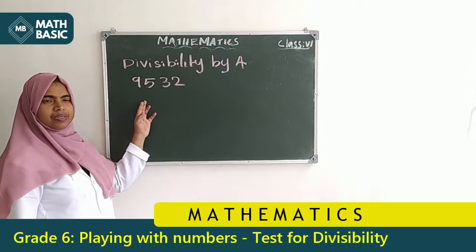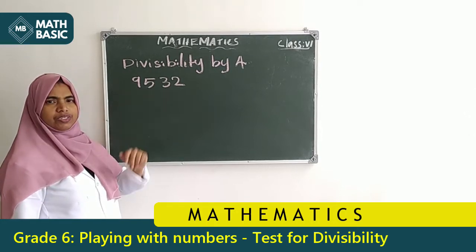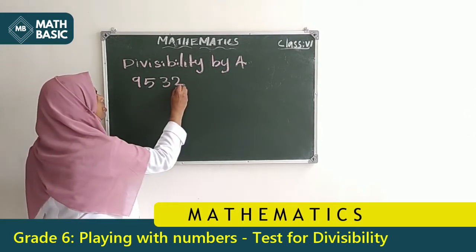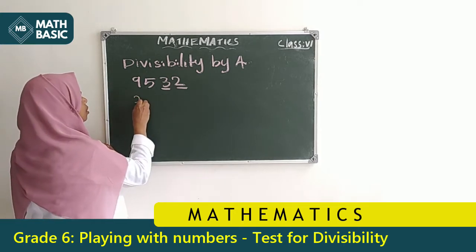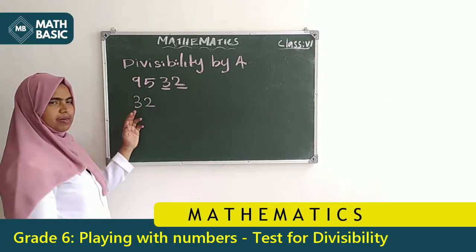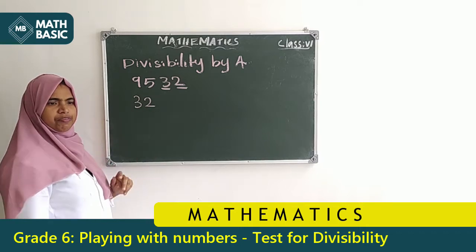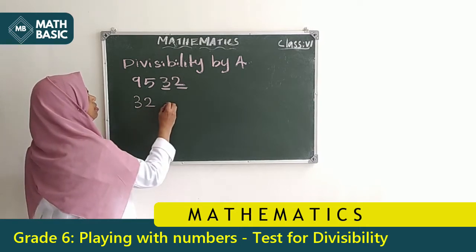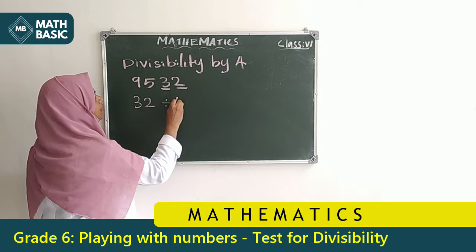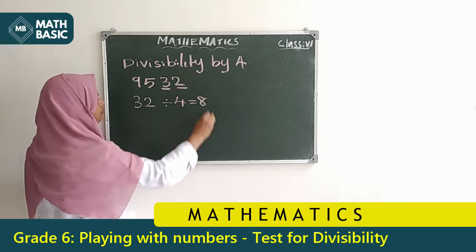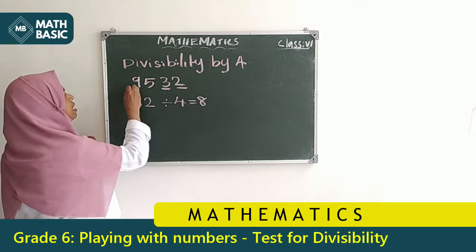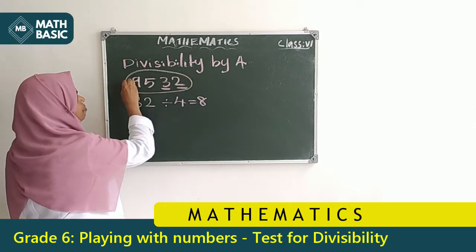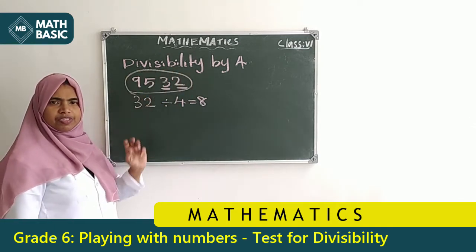See the ones and tens place digits, which make 32. Check whether 32 is divisible by 4. 32 divided by 4 is 8. So 32 is divisible by 4, and so 9532 is divisible by 4.